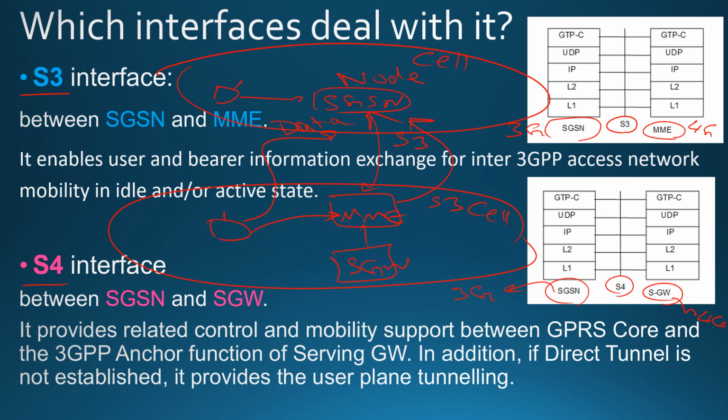When we want to hand over from this cell to this cell, we want to convey our messages from this node to this node, and then use the other nodes that can be established in this network. So this interaction can be done by the S4 interface.